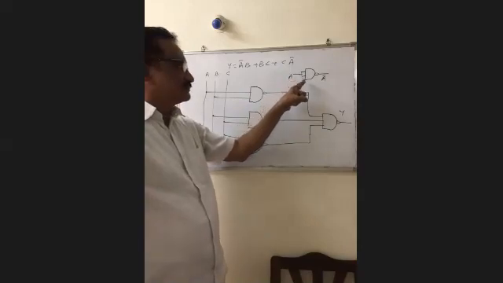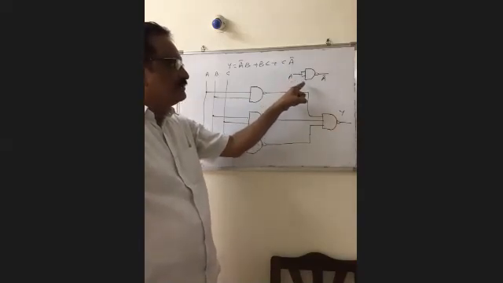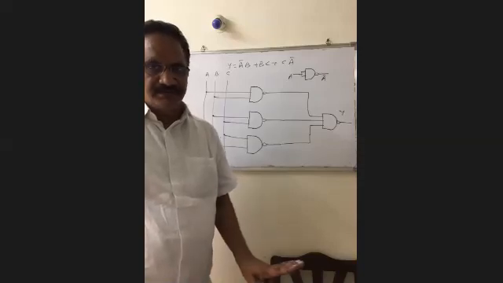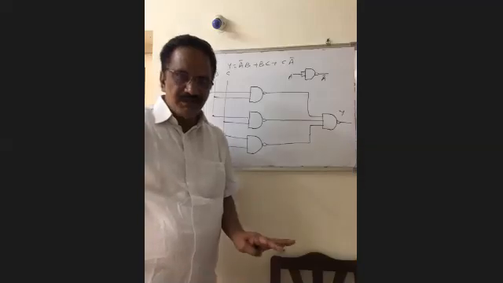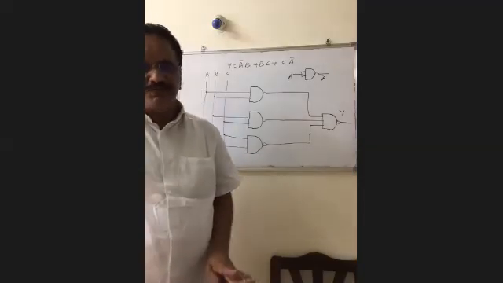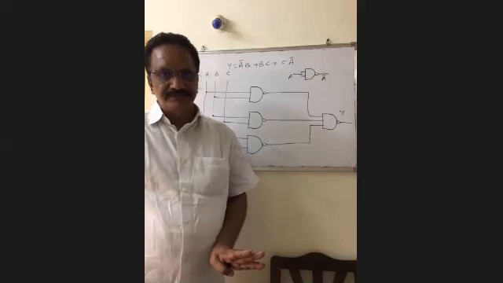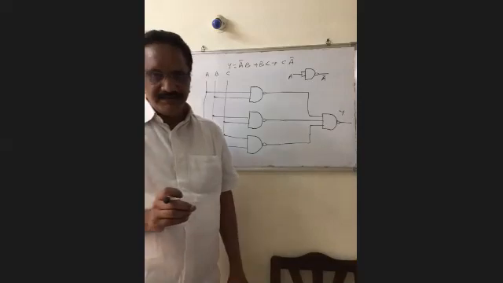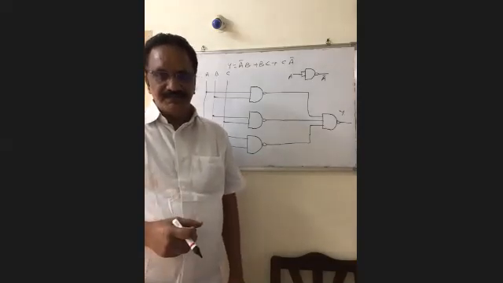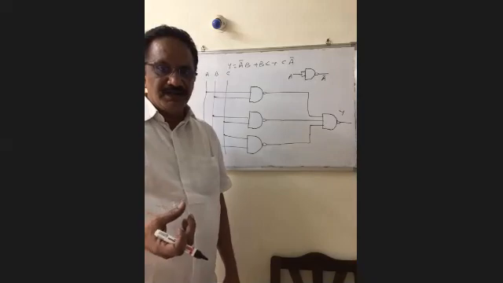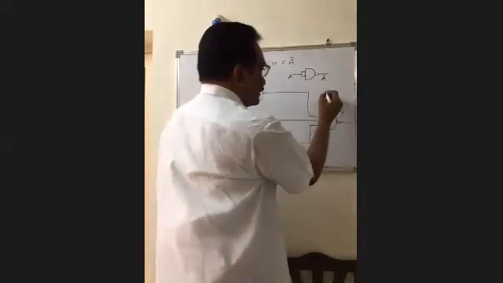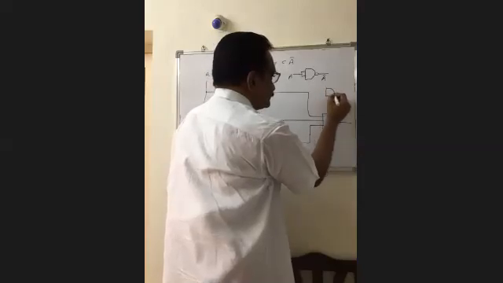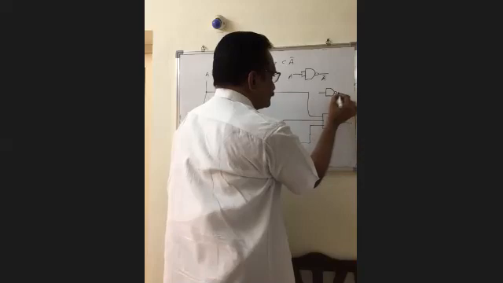So actually, it is called a single input NAND gate. Actually, single input NAND gates are not available. Single input NAND gate means it's a 2-input NAND gate, both the inputs are shorted. For our convenience, it can also be drawn like this.